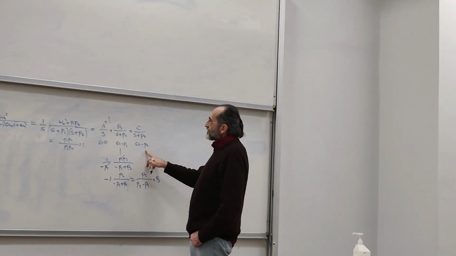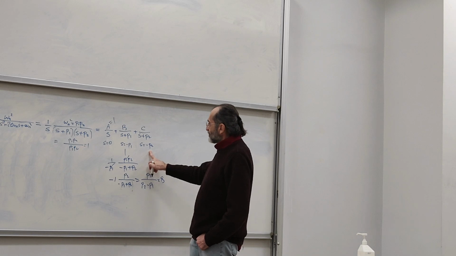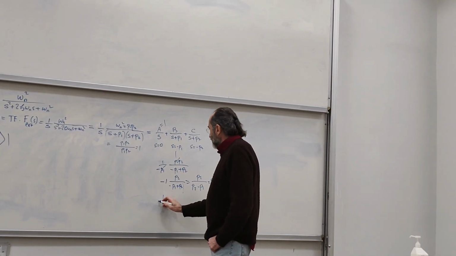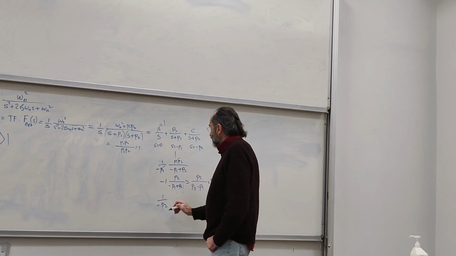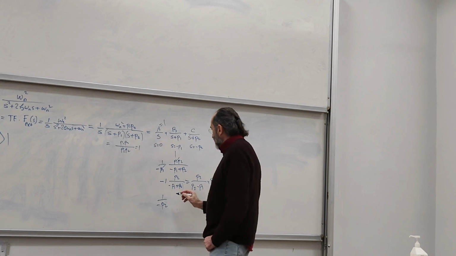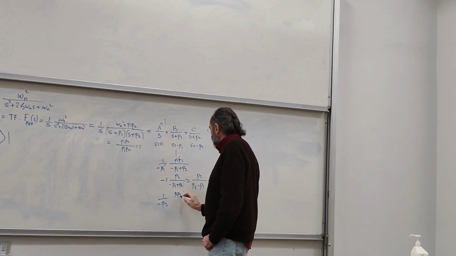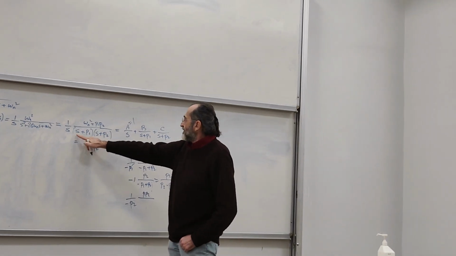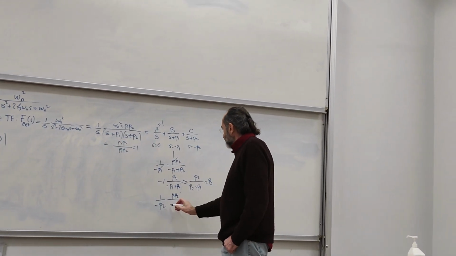S equals minus P2. Okay, so I have 1 over minus P2 for this. I cover this. Alright, I have P1, P2 divided by minus P2 plus P1.